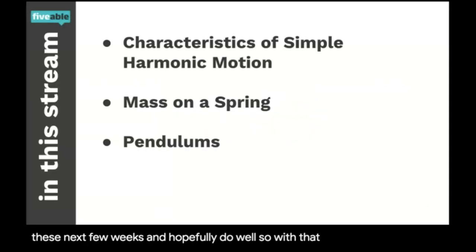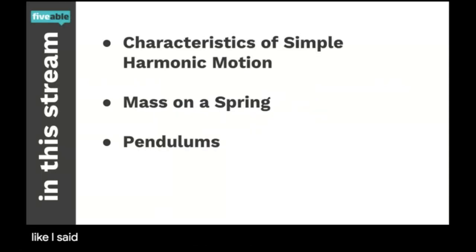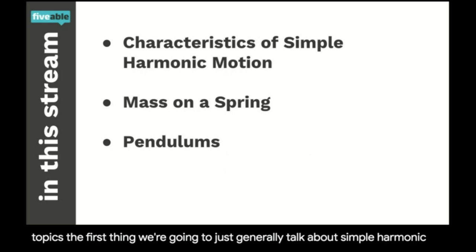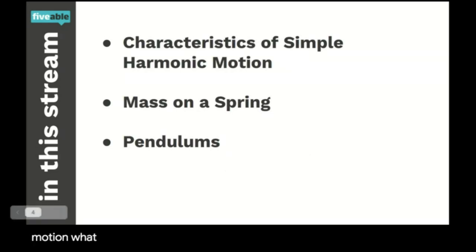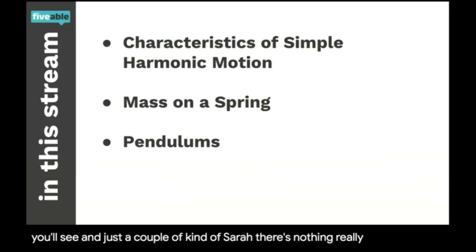So with that, in the stream, like I said, we're talking about Unit 6, which is oscillations. So there's 3 big topics. The first thing, we're going to just generally talk about simple harmonic motion, what it is, and the different types of things that you'll see, and just a couple of extra things. There's nothing really super brand new.